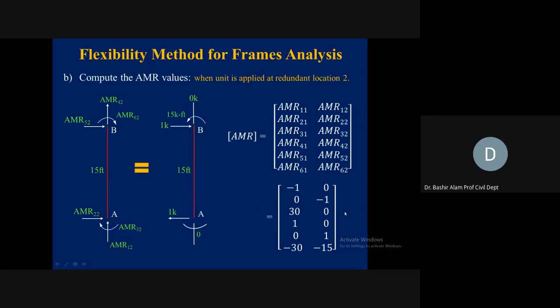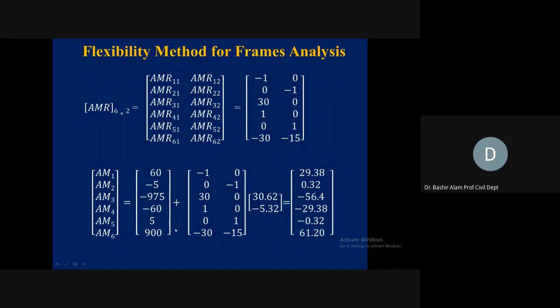After this, we write these AML and AMR values here at their locations. We find out the product of these two, add this with this one, and thus we find the AM values.